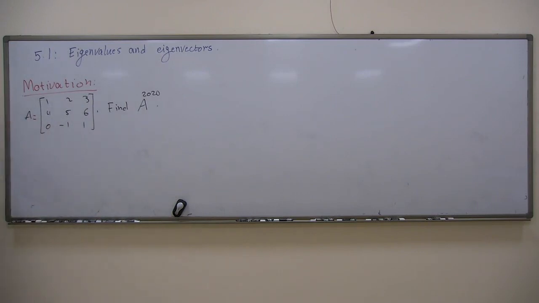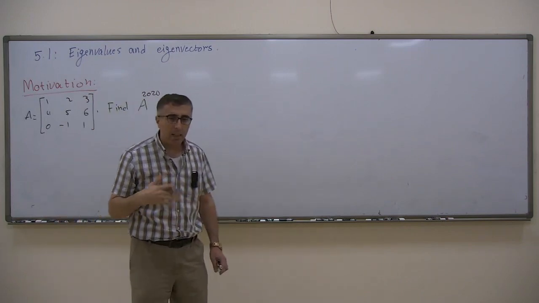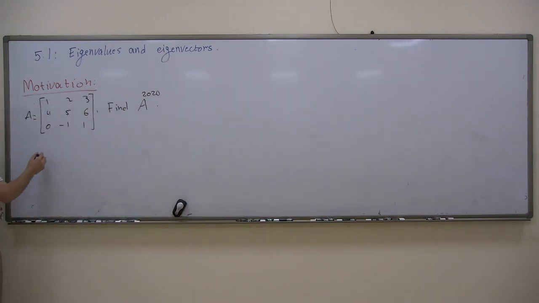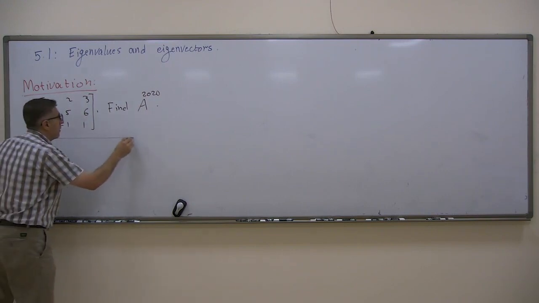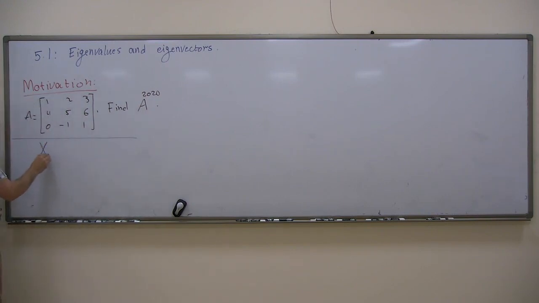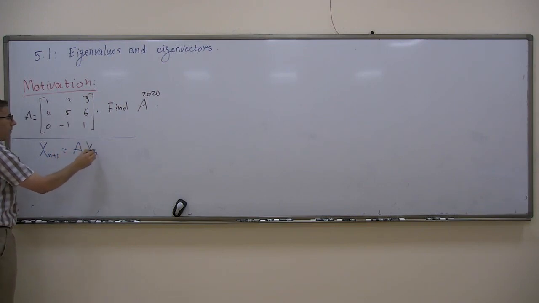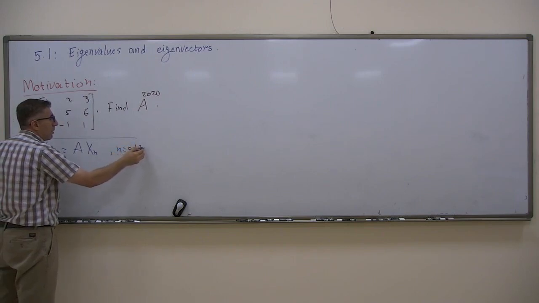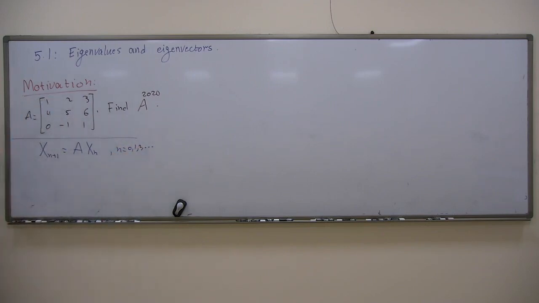Well, let's think here about you are representing something as a sequence or recurrence relation of vectors. So let's say here you have x n plus 1 equals A x n. Here n equals 0, 1, 2, and so on and so forth.